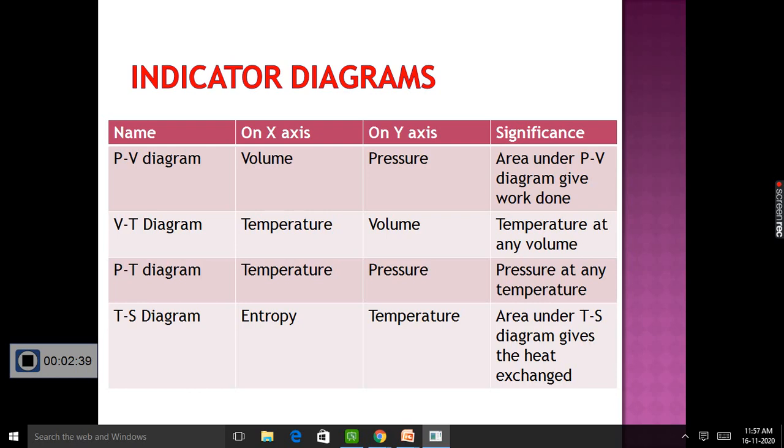Volume is taken along x-axis and pressure along y-axis. And it has a particular significance. Area under the PV diagram gives the work done in a thermodynamic process.